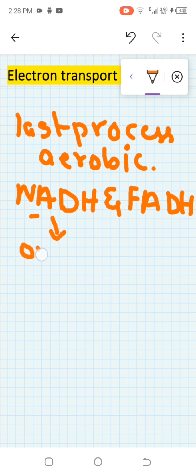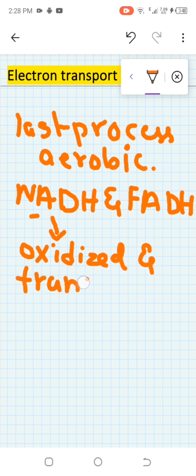They will be oxidized and transport electrons through the electron transport chain by a series of oxidation and reduction reactions.